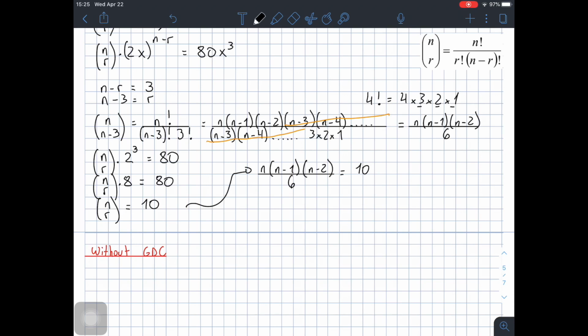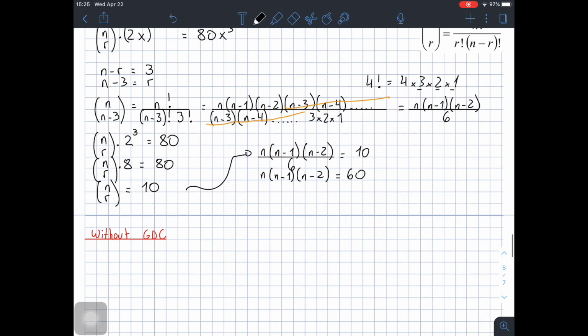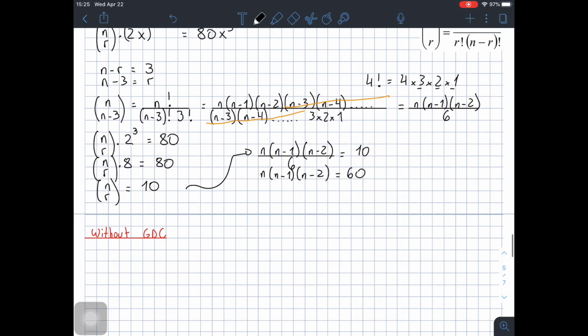If I take the 6 multiplying up, this would be n times n minus 1 times n minus 2, which is equal to 60. And then if I use the solver here directly, I will already get the answer, but let's do this. Let's do the distributive first. So I'm going to distribute this.